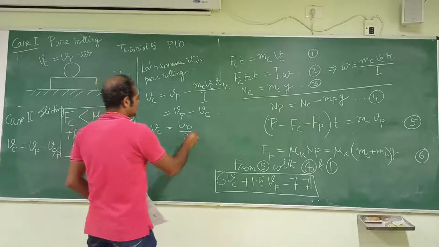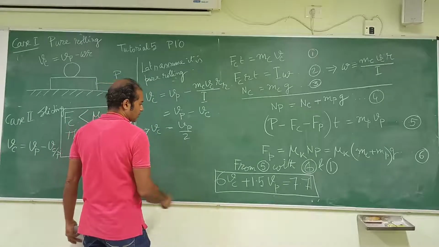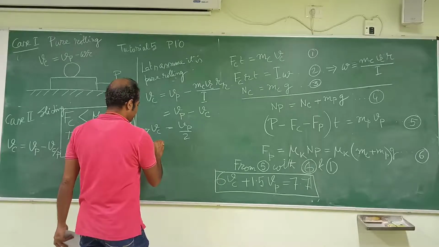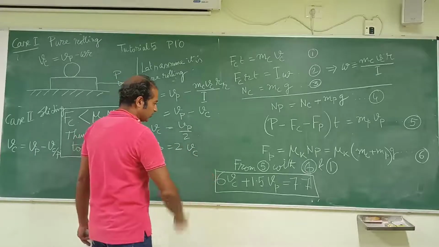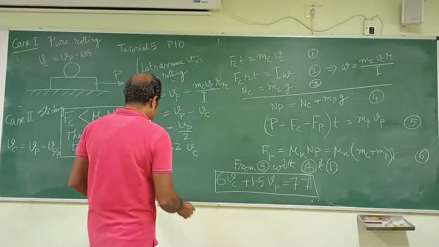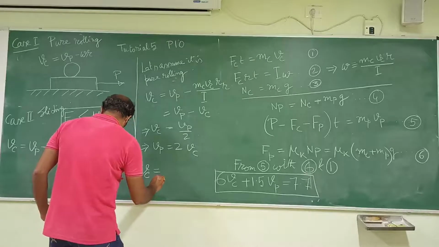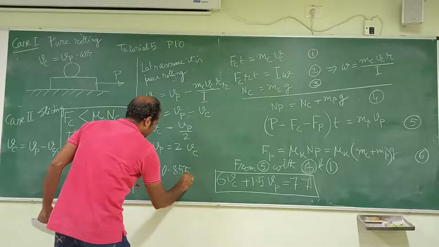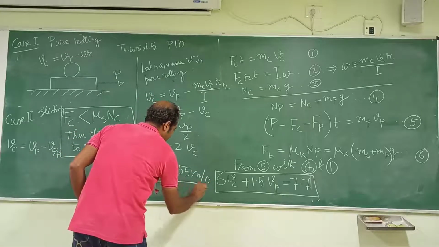Or otherwise you can write the same, because I have to find out the Vc part. So I am going to write Vp is equal to twice Vc. Put it over there, and you are going to get Vc is equal to 0.855 meter per second.